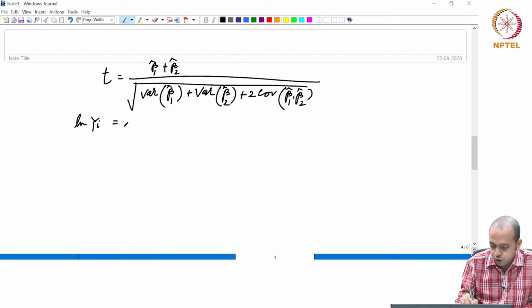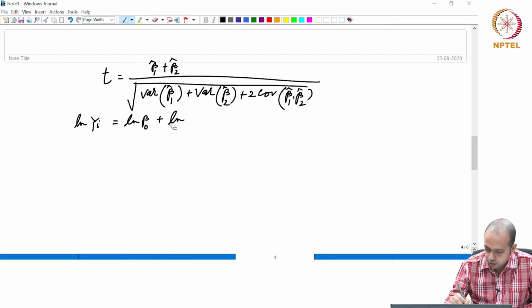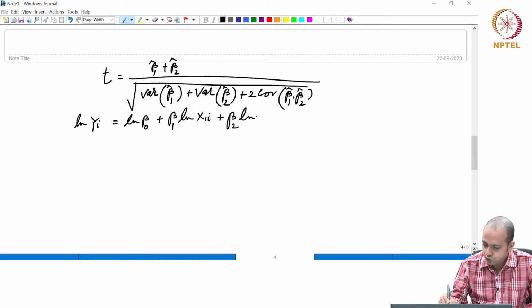equals log of beta 0 plus beta 1 log of x 1 i plus beta 2 log of x 2 i plus ui.